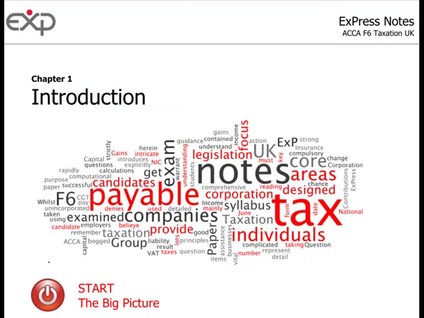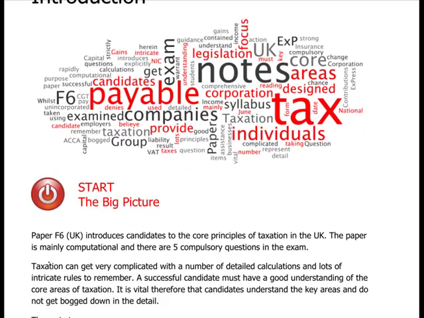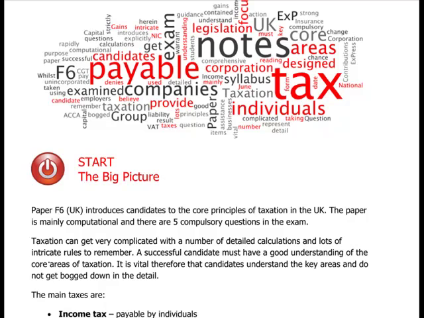Okay, so chapter 1, introduction. The big picture is kind of how the Express Notes are written. I'm going to carry on with that principle. What we're going to look at here is the core principles of taxation in the UK. This is a paper that is mainly computational, and there are 5 compulsory questions in the exam.